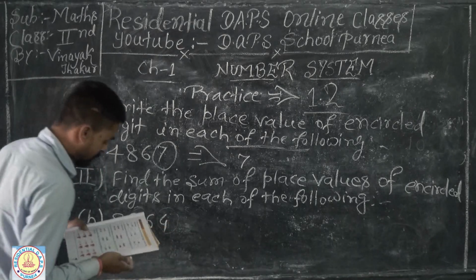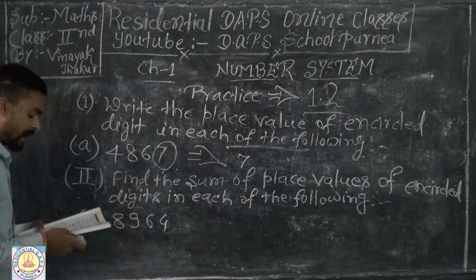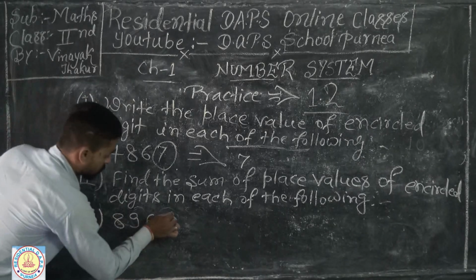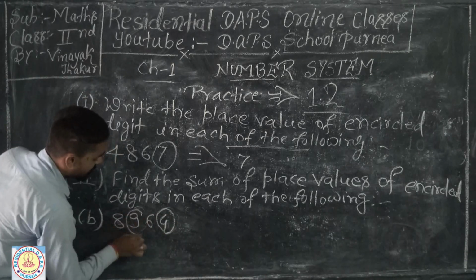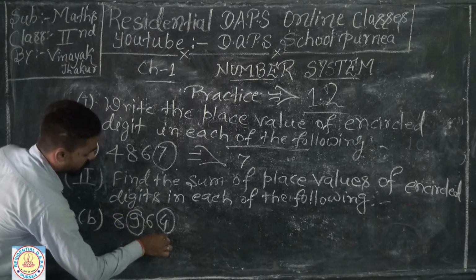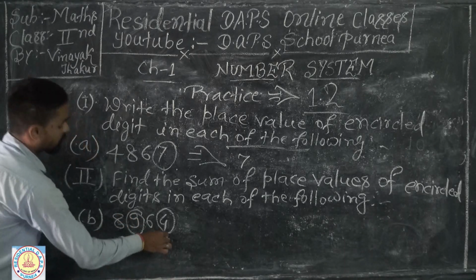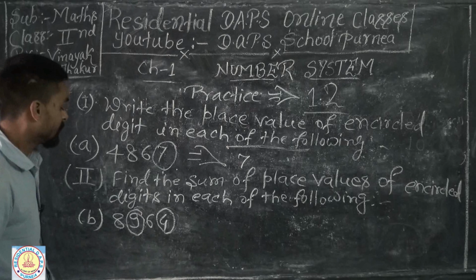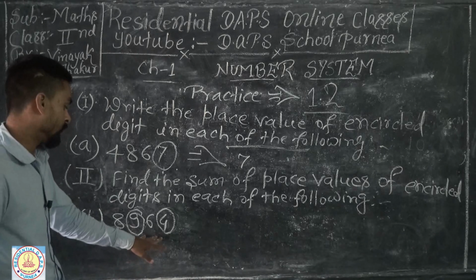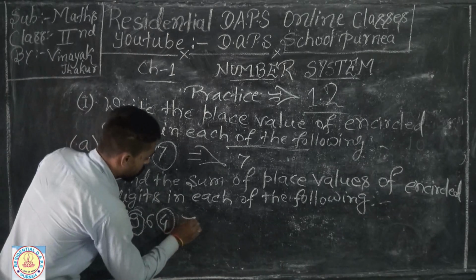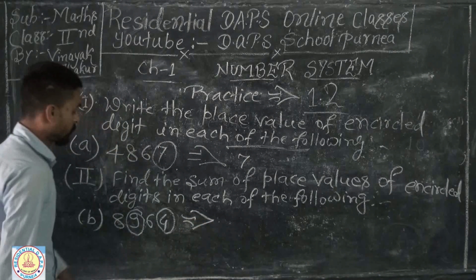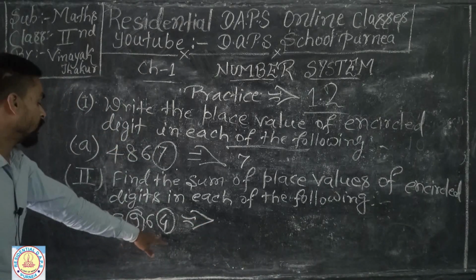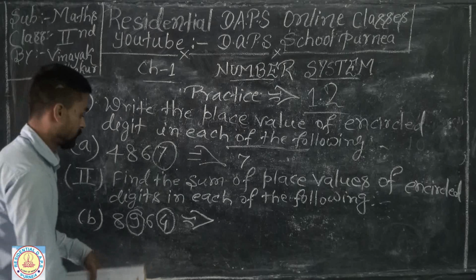In that number, two digits are encircled, 4 and 9. 4 is at ones place and 9 is at hundreds place. So you have to find out the place value of these two numbers.